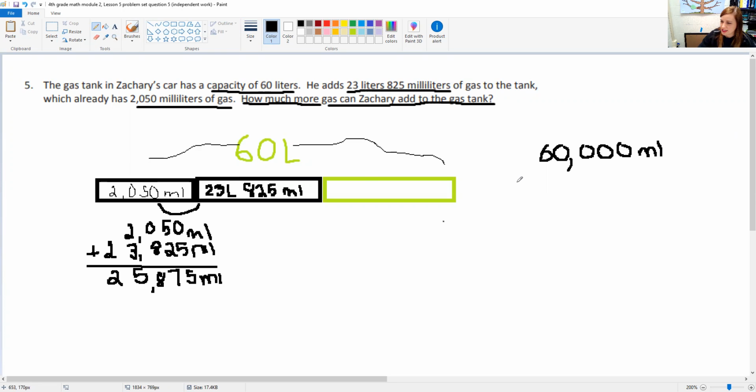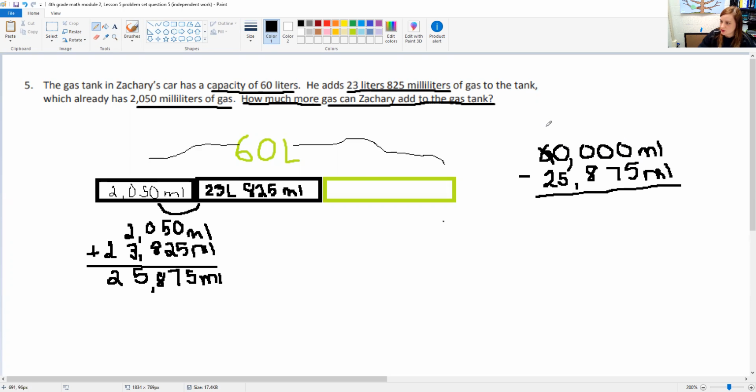Milliliters. Okay, and we are going to subtract out our 25,875 milliliters. Oh, and I love it. Look at all those zeros. So I can't take this away and I've got to borrow. So I'm going to start all the way back here and borrow from the 6.